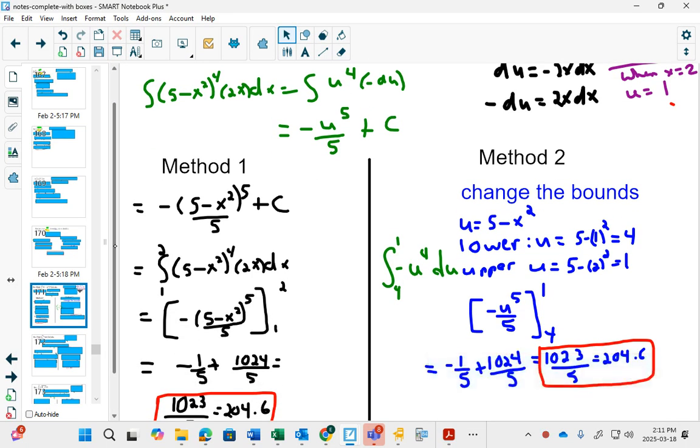That'll give me negative 1/5 minus a negative, which will be plus 1,024 over 5. Same answer. Method 2, I think, is so much less work. But when you do a substitution, you have to remember you also have to do a substitution for the bounds.